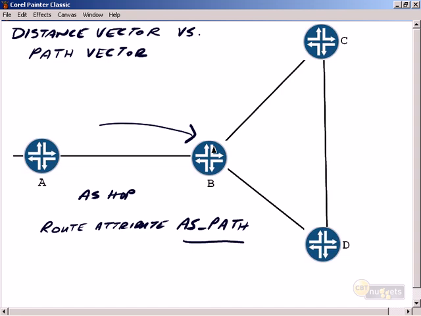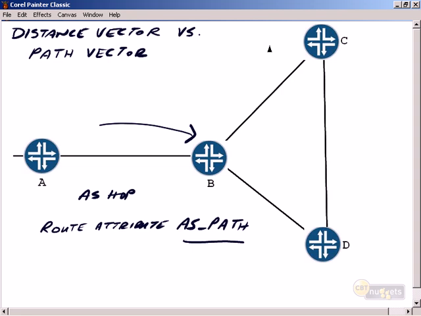We look at the update, we look at the AS path, and if we see our own autonomous system in there, it's already passed through here, so it's going to probably be a loop. So for the exam, that's pretty much the extent of your knowledge that you need to have for BGP, okay? It is a path vector protocol because it doesn't track paths through routers, but paths through autonomous systems.